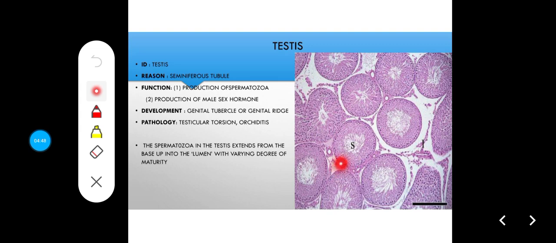You have layers of cells from the base of the epithelium up into the lumen, so you see spermatozoa at varying stages of maturity.